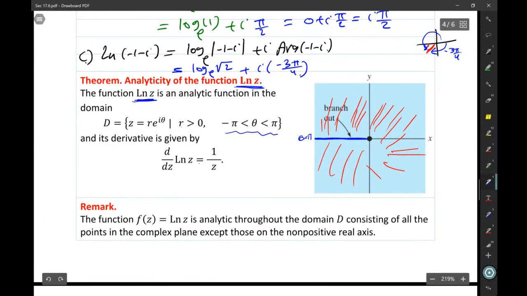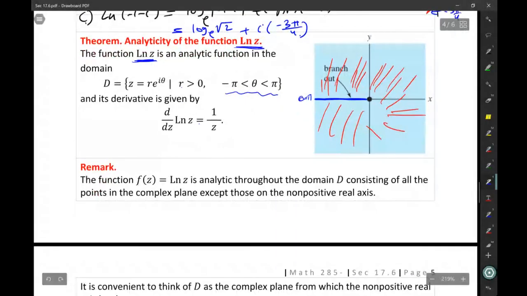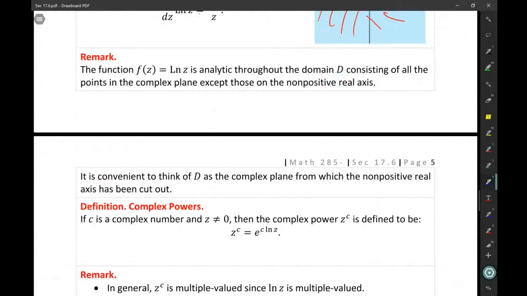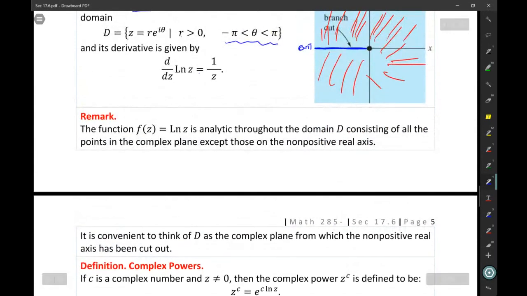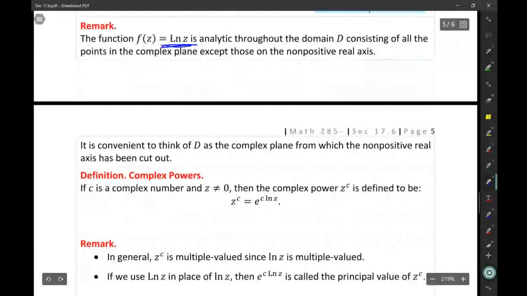So the principal logarithm of z is analytic everywhere except those points located on this blue color, which is the negative real axis, the x-axis.